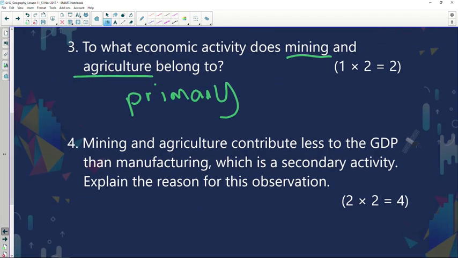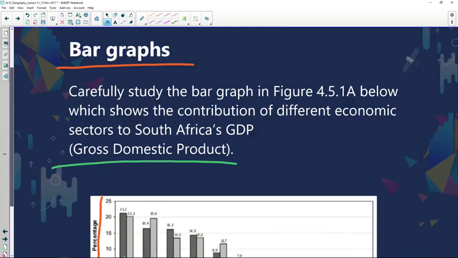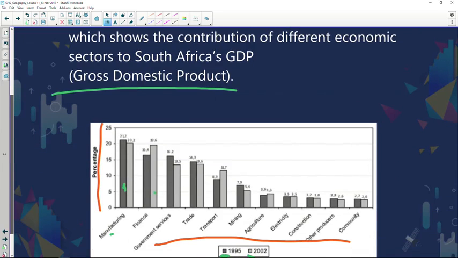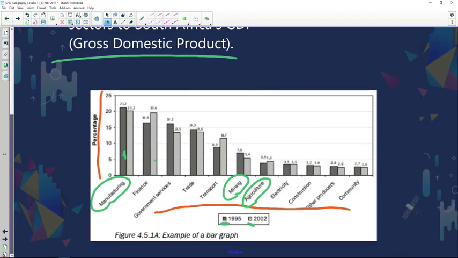Now if we quickly go back to your graph, you can see this is where manufacturing is, producing the most of the GDP of the country, and there's agriculture and mining. Agriculture actually produced less than mining. The reason for it is because what do we do with mining? With manufacturing we're processing it. So this raw material that's being mined, what do we do?